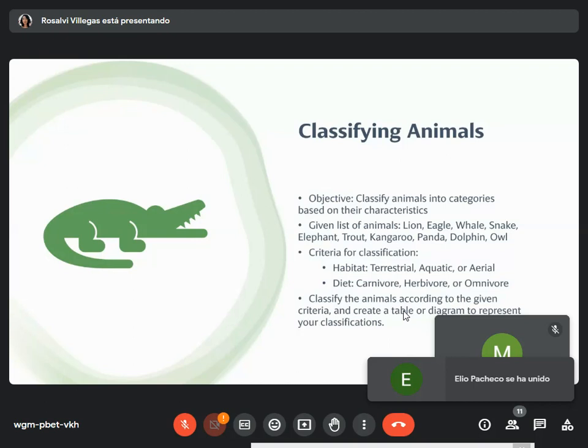Terrestrial and herbivore. Great. So let's see here how we can do a table to classify both, so we can see it in a more visual way.